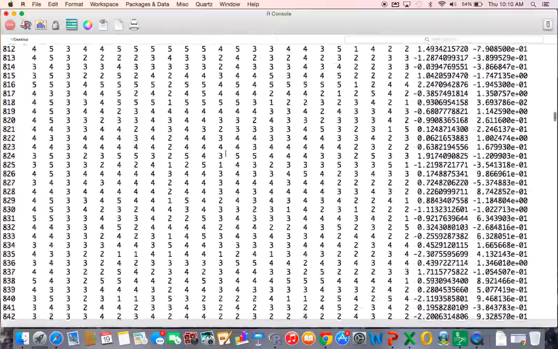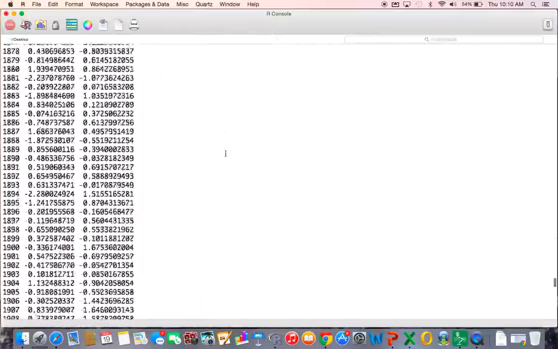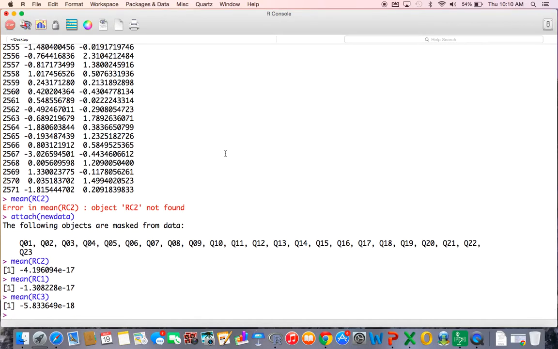Well, in this 4-component model, we retained about 50% of the variation in the underlying constructs that the 23 items actually explains. So we could use the factor scores instead, and the great thing about the factor scores is they're already centered, which is always kind of cool.